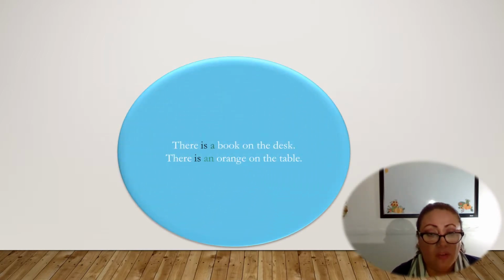And here we have the example. There is a book; the noun starts with a consonant. So I put an A because it's only one and it's countable. I count the books. I can say 1 book, 2 books, 3 books. And then I said there is, estoy diciendo aquí hay una naranja sobre la mesa.